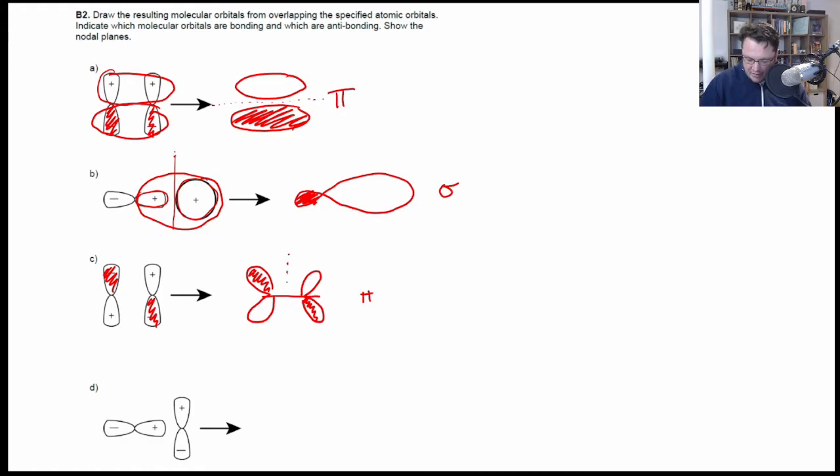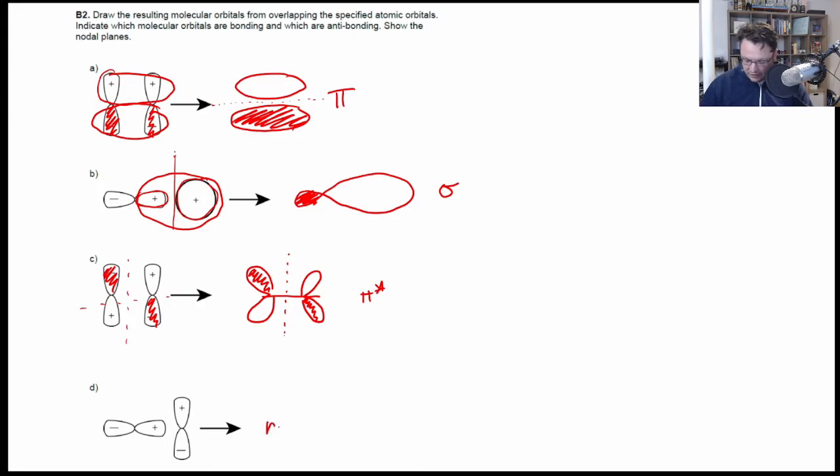But then you also have a node that's perpendicular and cuts that bond. That makes it the anti-bonding orbital, so that makes it the pi star in this instance, because you have a node here and a node here related to the bond.